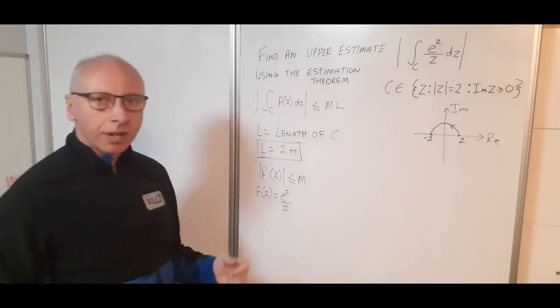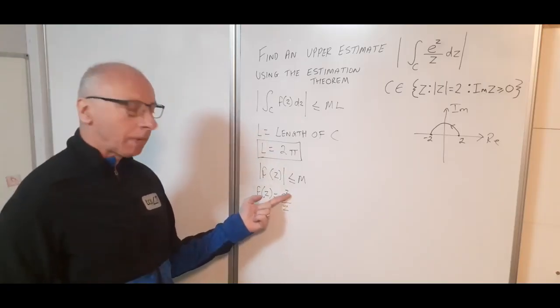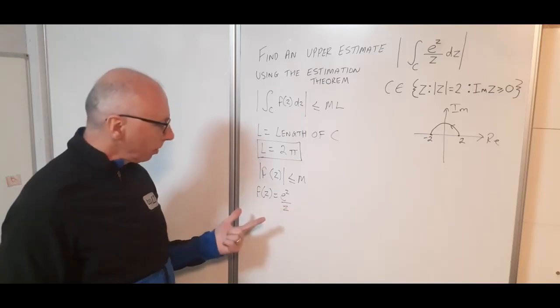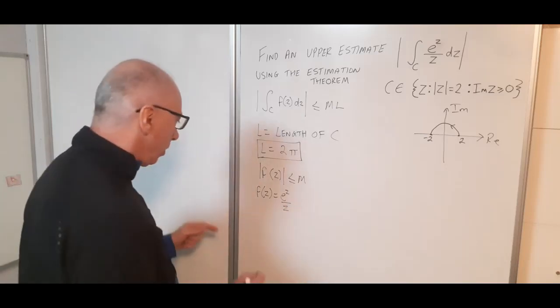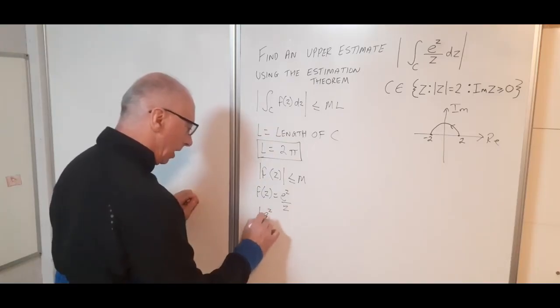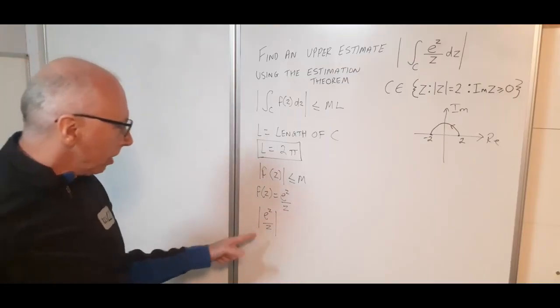Now to get some kind of maximum of this, as it's a quotient, we need to find a maximum of the numerator and a minimum of the denominator. So that's what we want to do there. So now what we're looking for is e to the z over z. So let's maximize that.